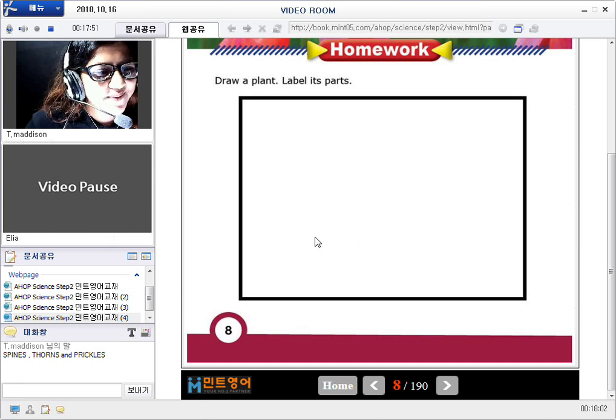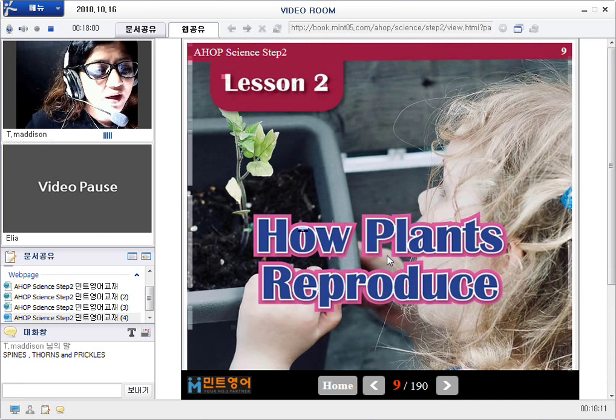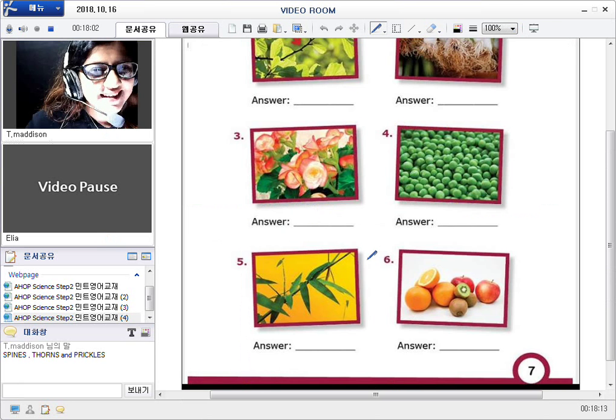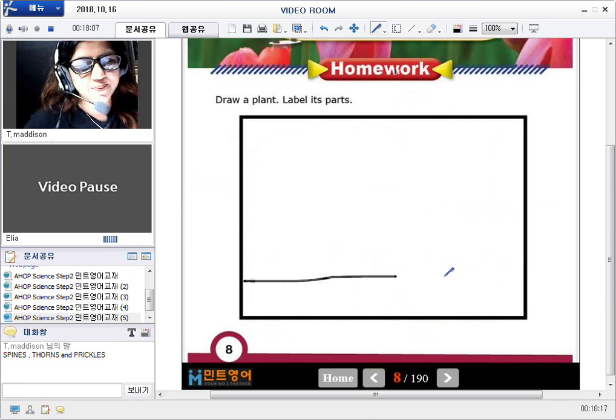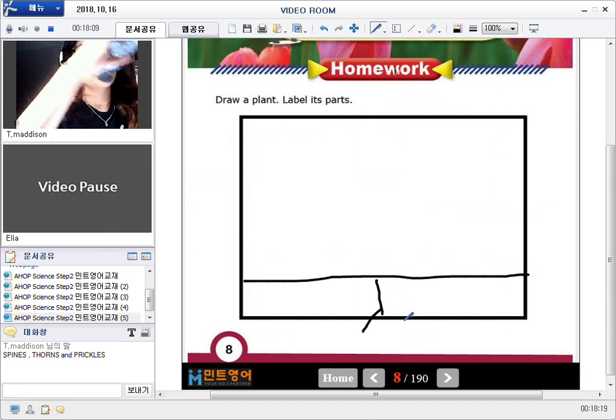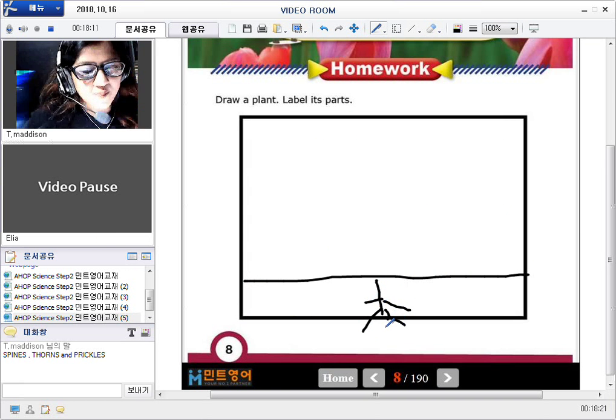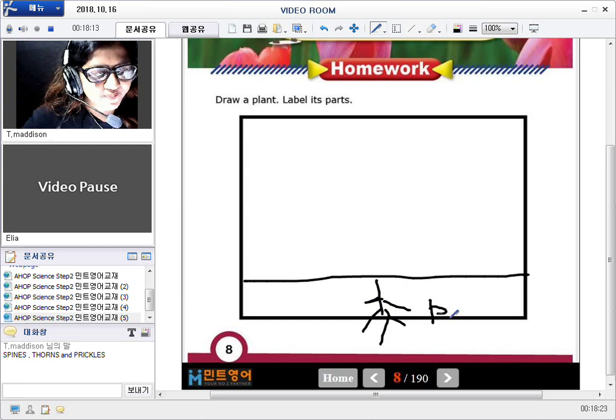Oh, but I can't draw anything. Okay, wait, sorry. Let me just share it. So it's ground and there is root.